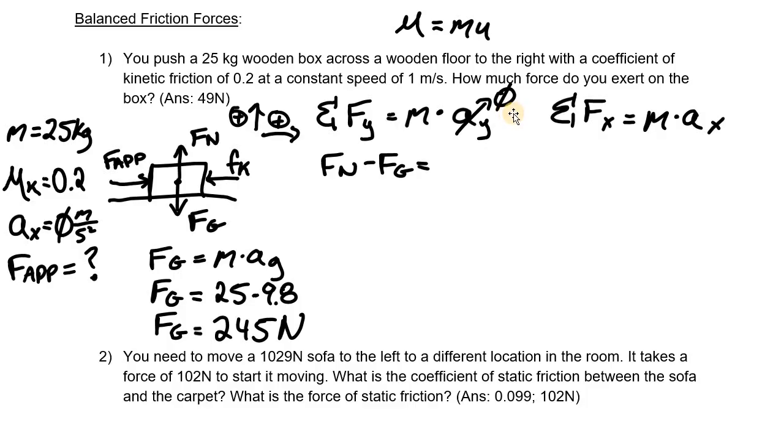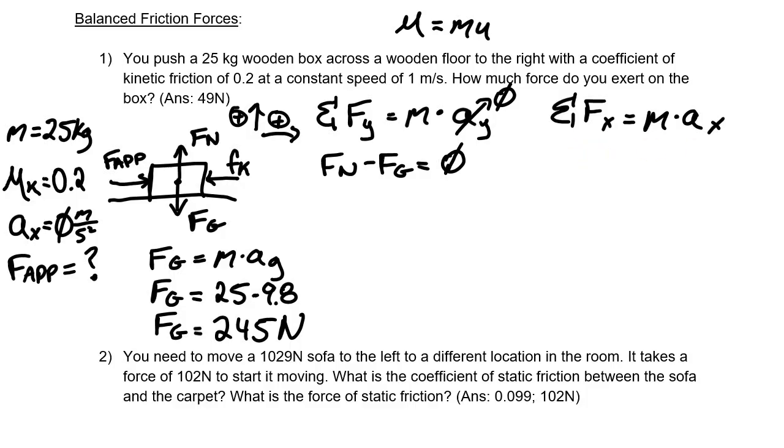So it would just be 0 times the mass. So we know that the normal force minus the force due to gravity is equal to 0. And that is the setup for our sum of the forces in the y direction equation.